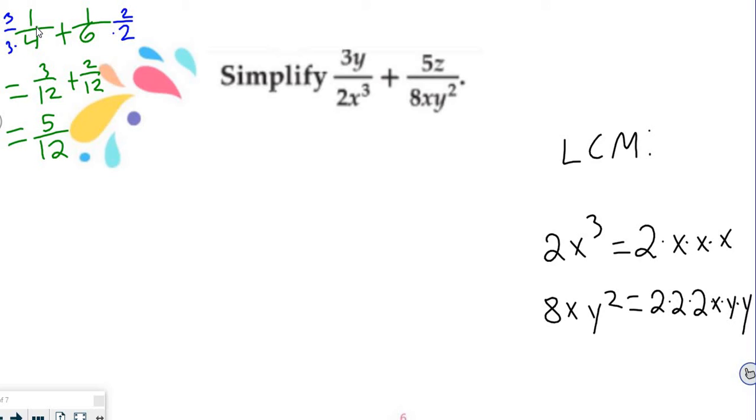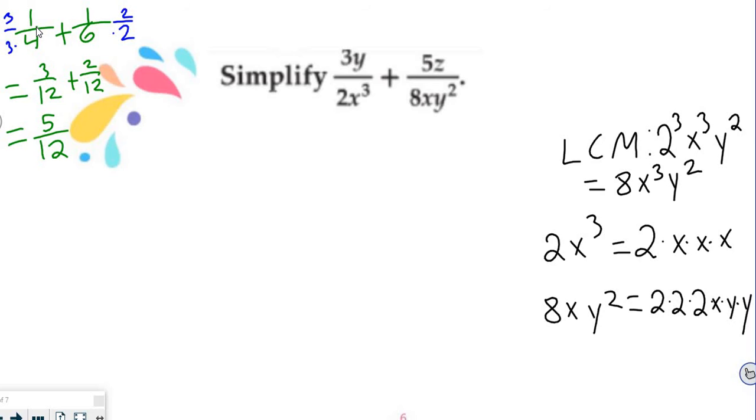But notice that we have 3 in our second one. And remember, we take the greatest number of times that it happens, so that would be 2 to the third, right? Now, what's the greatest number of times that x appears? 3. Or what about y? 2. So we end up with 8x cubed y squared.